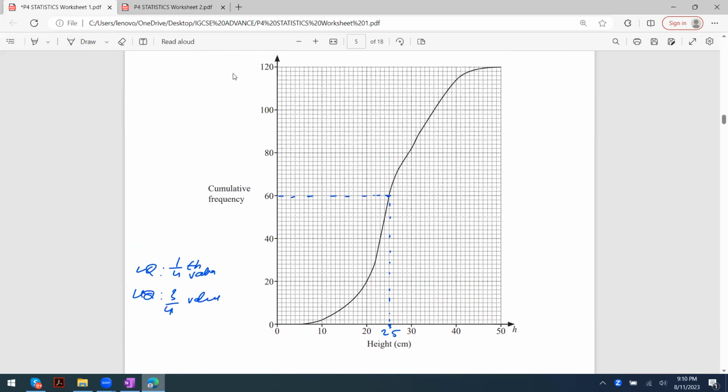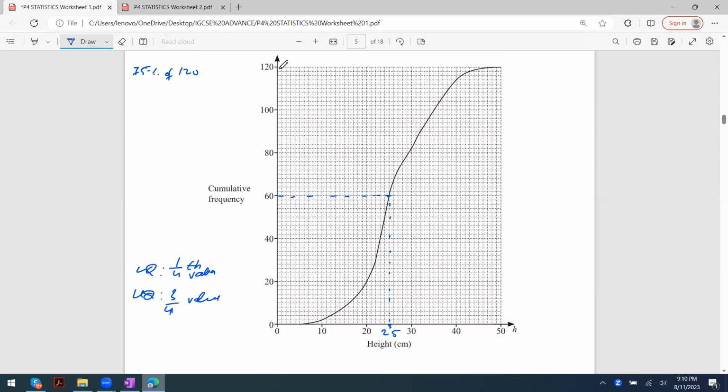So what is 75% of 120? 90. Yes, it's 90. So go to 90 and read the height. How much is one box?